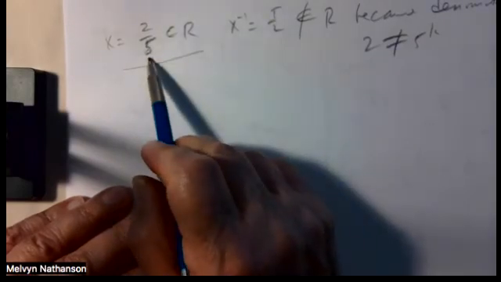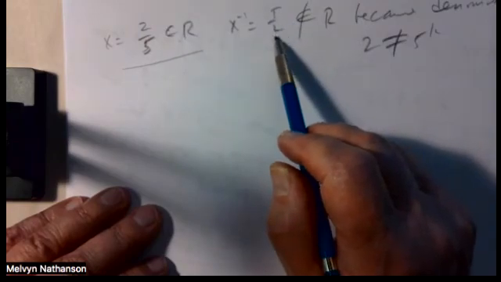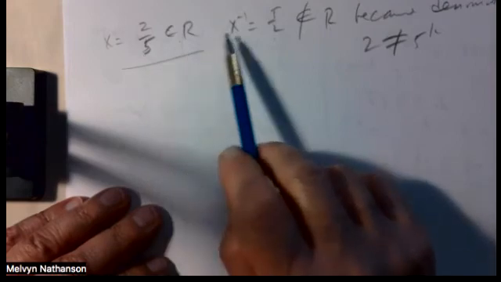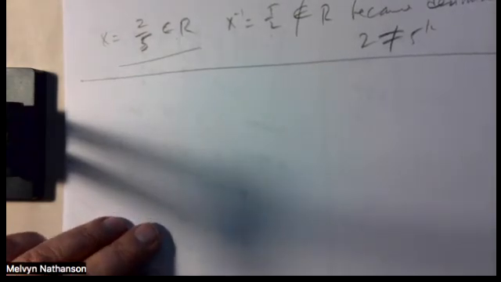So 2/5 is a fraction where the denominator is 5, but its inverse does not have denominator 5. So it's not in R. So 2/5 is not a unit.